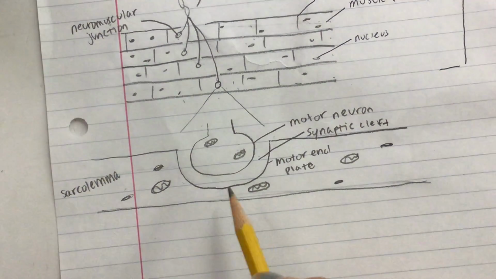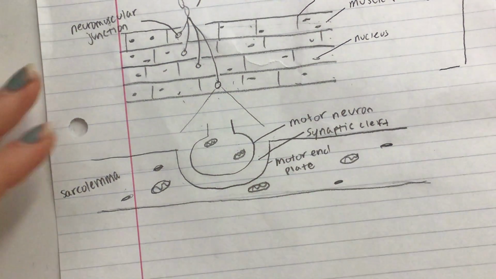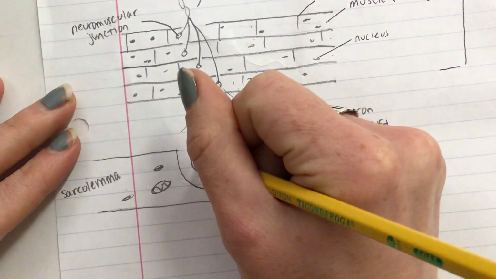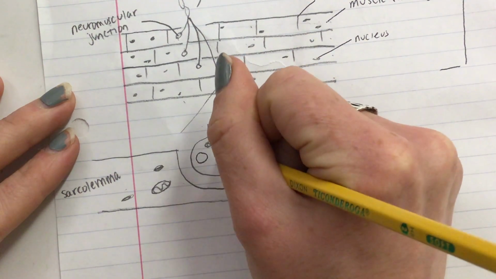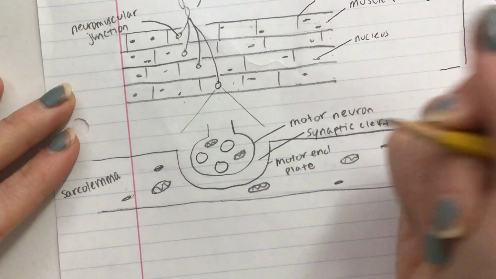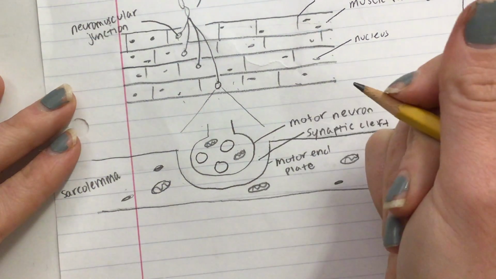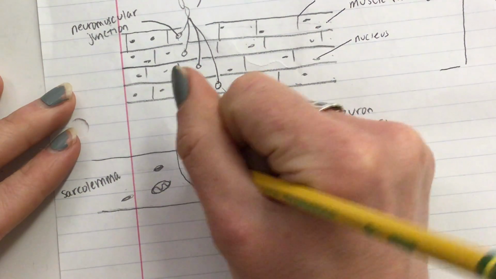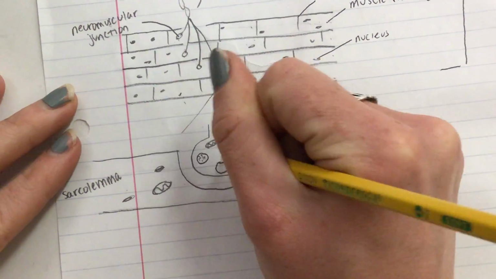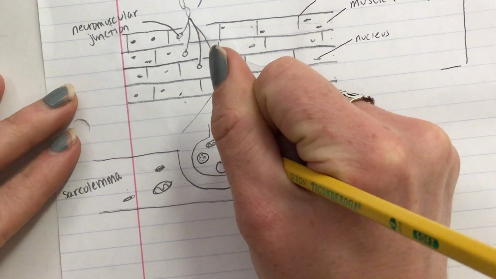Now another thing that's going to be in our motor neuron is a bunch of vesicles. So I'll just draw 3 of these synaptic vesicles, and in here are neurotransmitters. Specifically, we're focusing on the neurotransmitter acetylcholine.